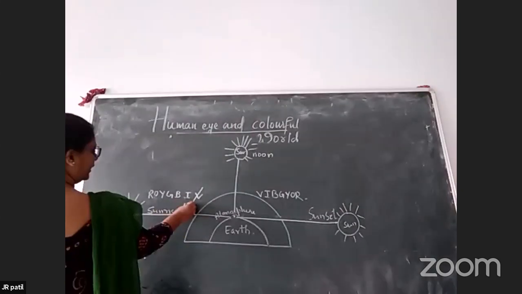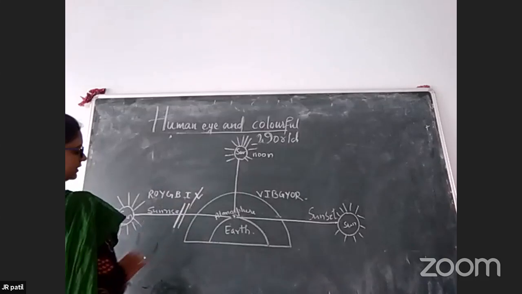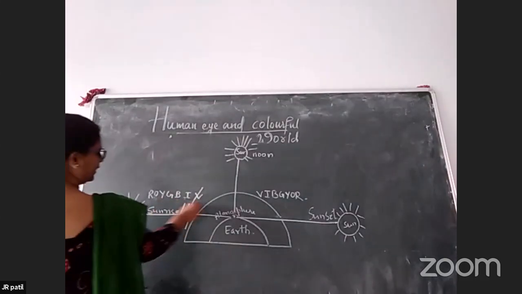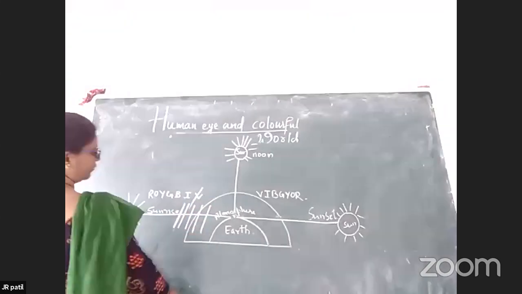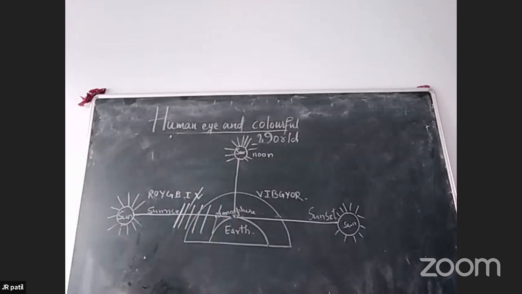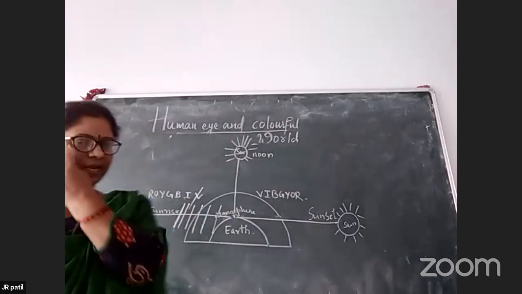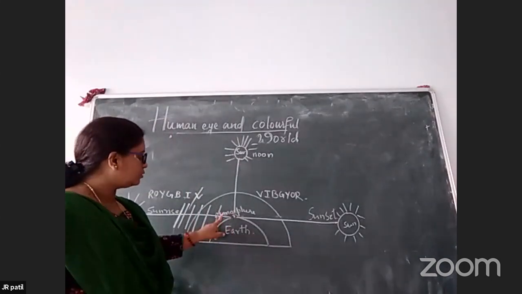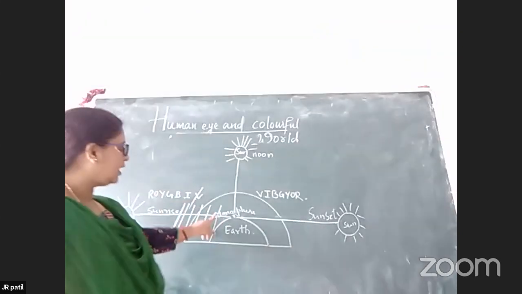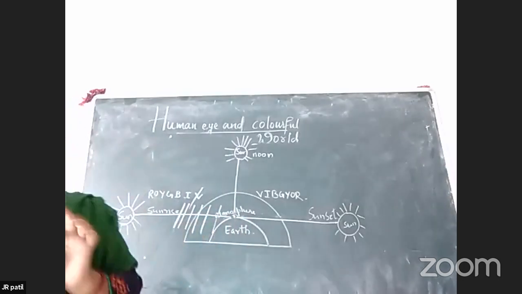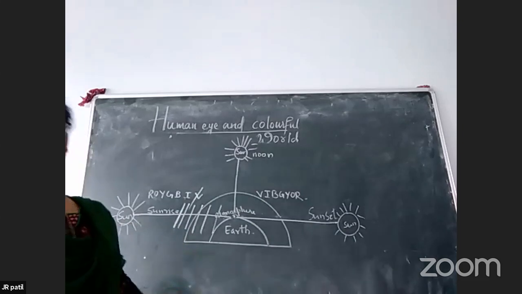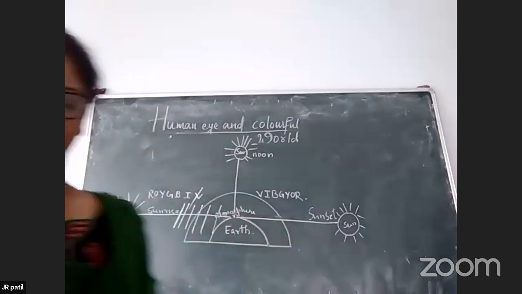Next, indigo, then blue, green, yellow and orange also finished. The remaining light, red, has the least scattering. That scattered red light reaches our eyes and we see the sun during sunrise red in color.